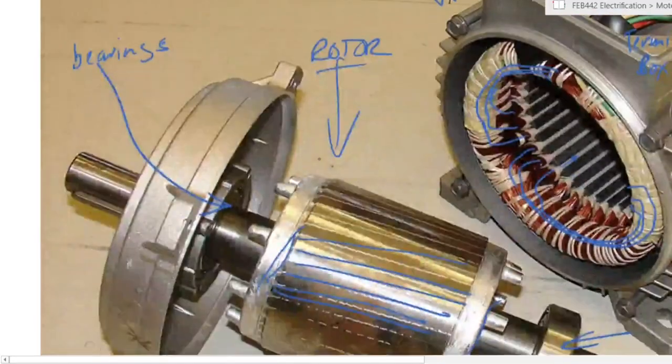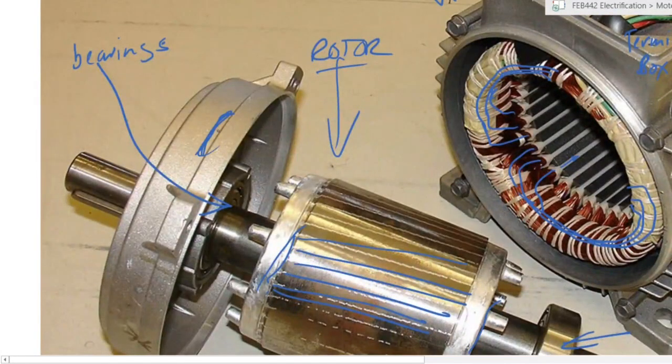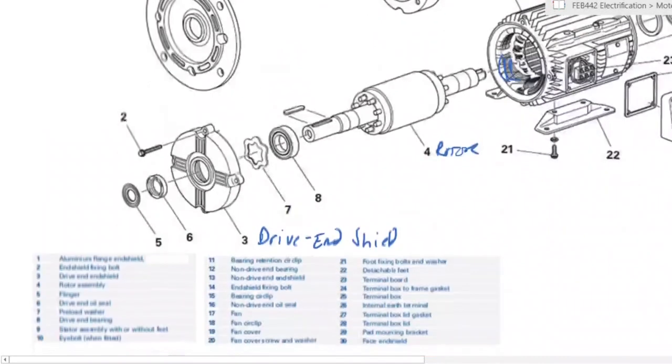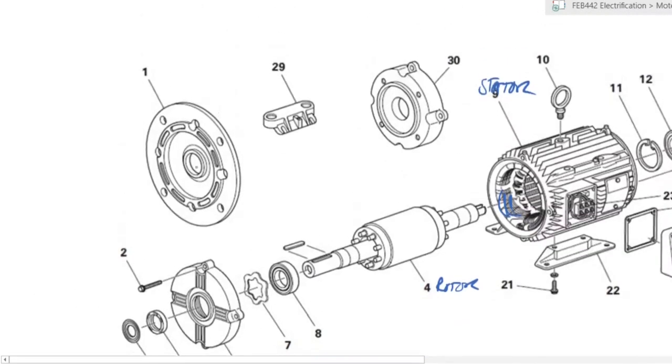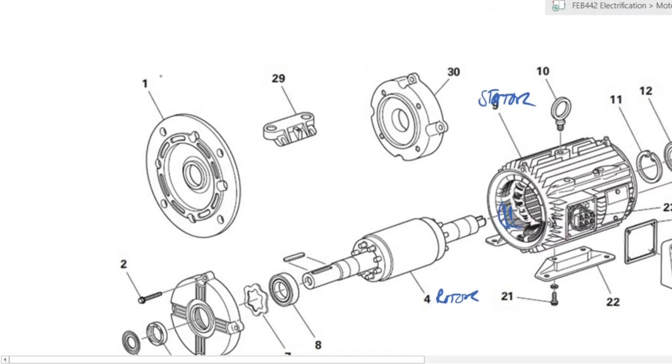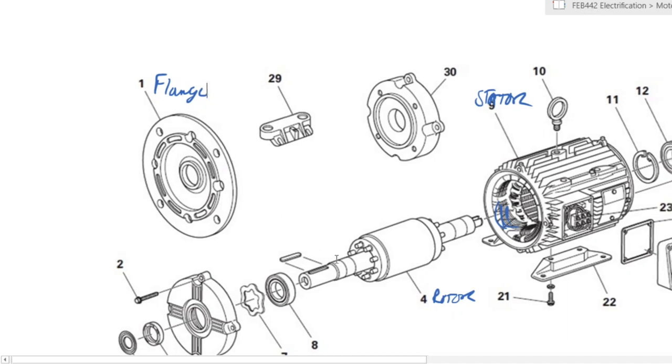In our photograph here, that would be this component there, right? Of course, your rotor has a shaft which allows it to be connected to a mechanical load outside the device. That mechanical load can be connected or mounted onto the motor through a flange.